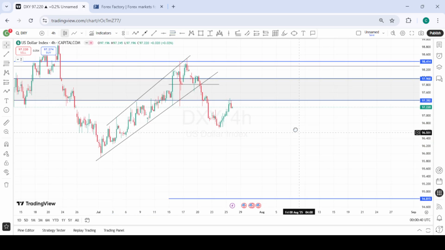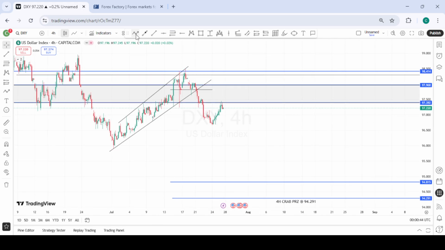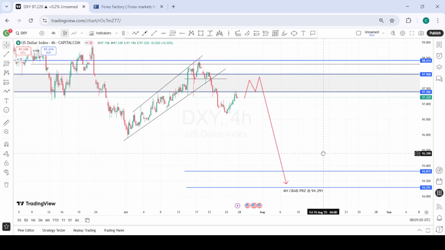So we'll be expecting price to pull back to this zone, give us maybe a reversal pattern, a double top, head and shoulder, a bearish engulfing, any signs that prove that DXY wants to go bearish, then we short to the downside to complete a potential crab pattern on DXY.